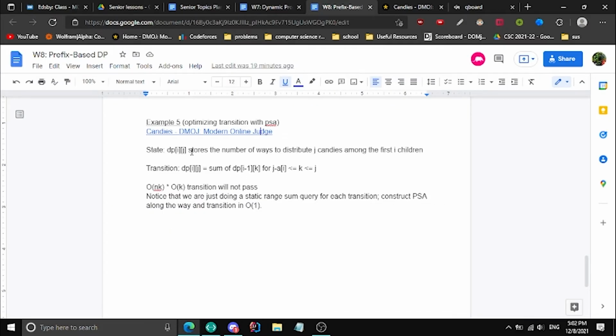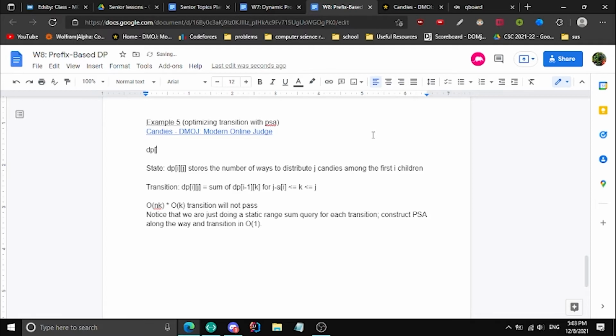Okay, so if we attempt to have our state as dp at i store the number of ways to share candies among the first i children, then if we tried to transition from dp at i-1, which would be the number of ways to share candies among the first i-1 children, there would be a problem because we don't know how many candies they've already had in total, right?